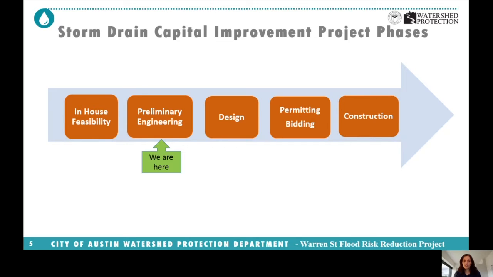Once we have that option, it goes to the design phase, where the components of the solution are looked at in detail from the constructability point of view, and they are designed. Then it goes to permitting and bidding, when the contract is awarded to a contractor to actually do the construction of the project, which is the last phase of this cycle. So as I mentioned, this project is currently in the preliminary engineering phase.